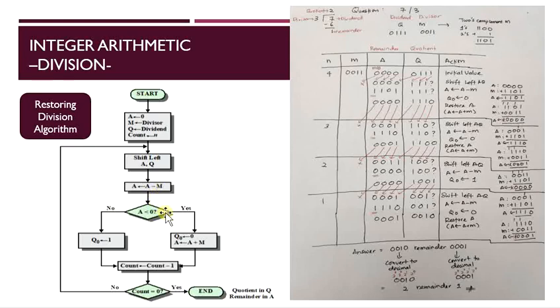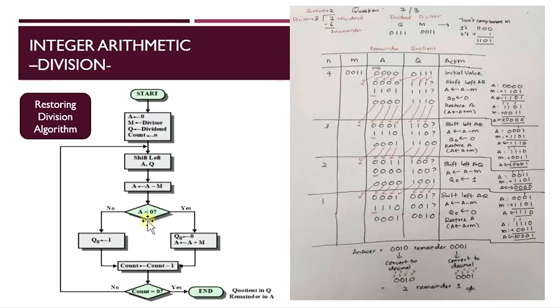After that, you do the comparison for A. A means the MSB of the A register; you need to look at the MSB of the binary number in the A register.